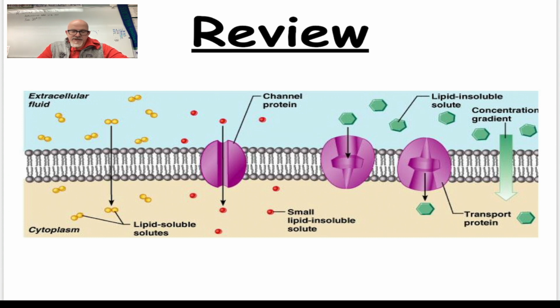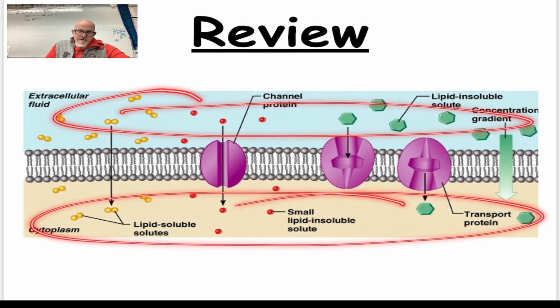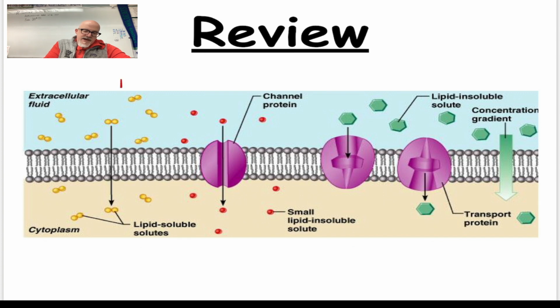All right? First thing you should look at when you look at these and try to figure out what it is, you look at the concentration. There are more up here than there are in here. Then it would be high to low. So all of these are diffusion. They're all passive transport.